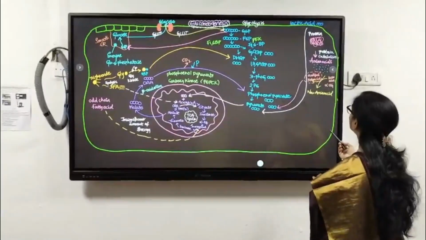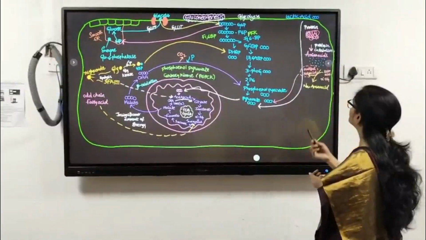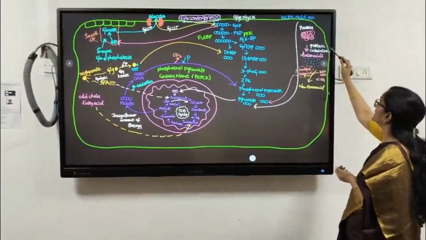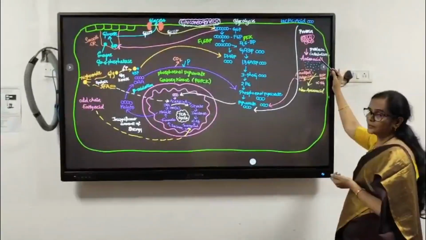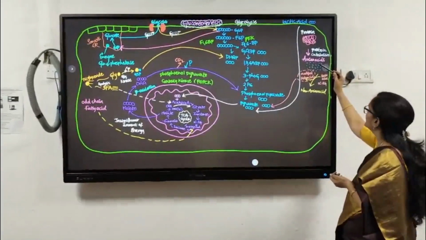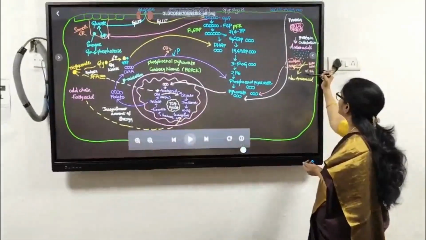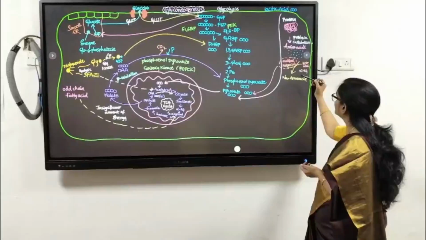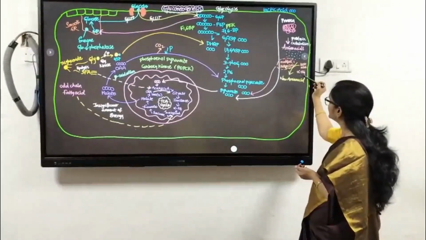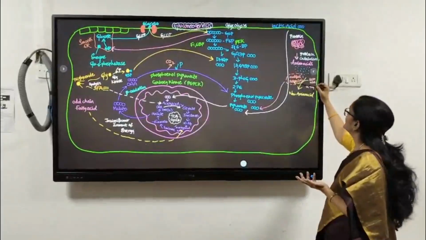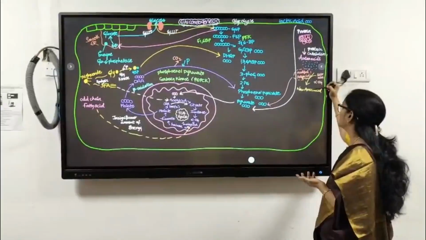And coming to another non-carbohydrate source which can synthesize glucose, that is protein. Protein degradation will yield amino acids, and usually these amino acids react with a keto acid and form alpha ketoglutarate and also a modified keto acid and a modified amino acid.